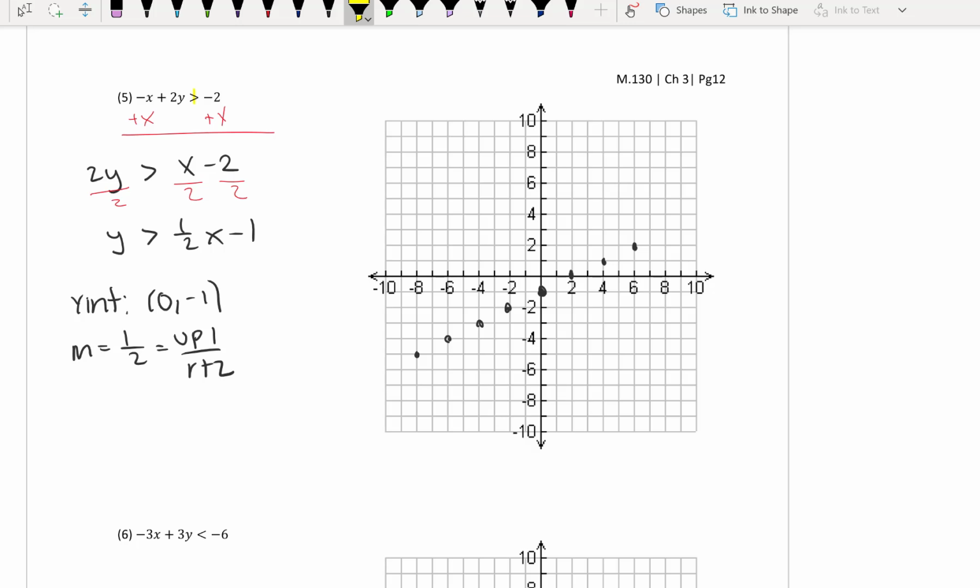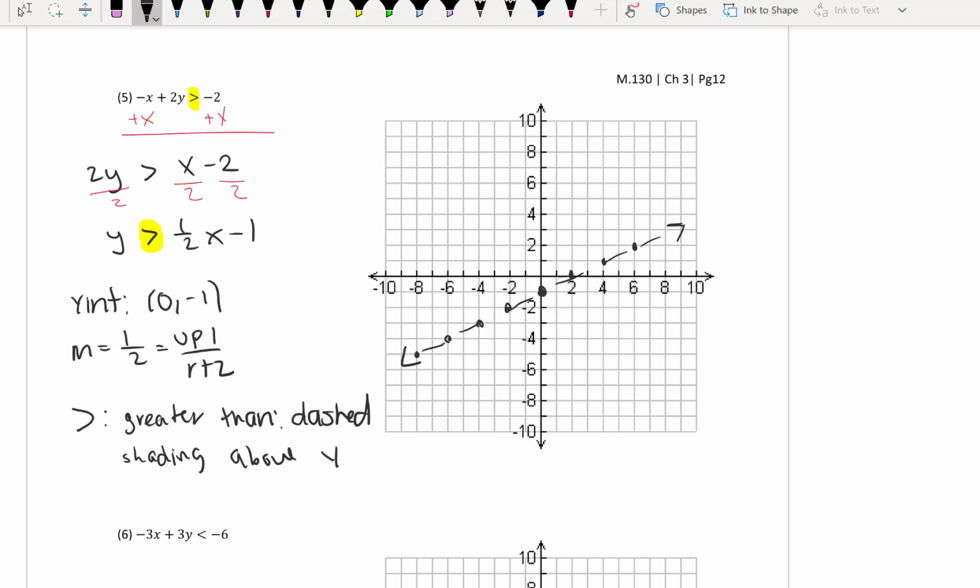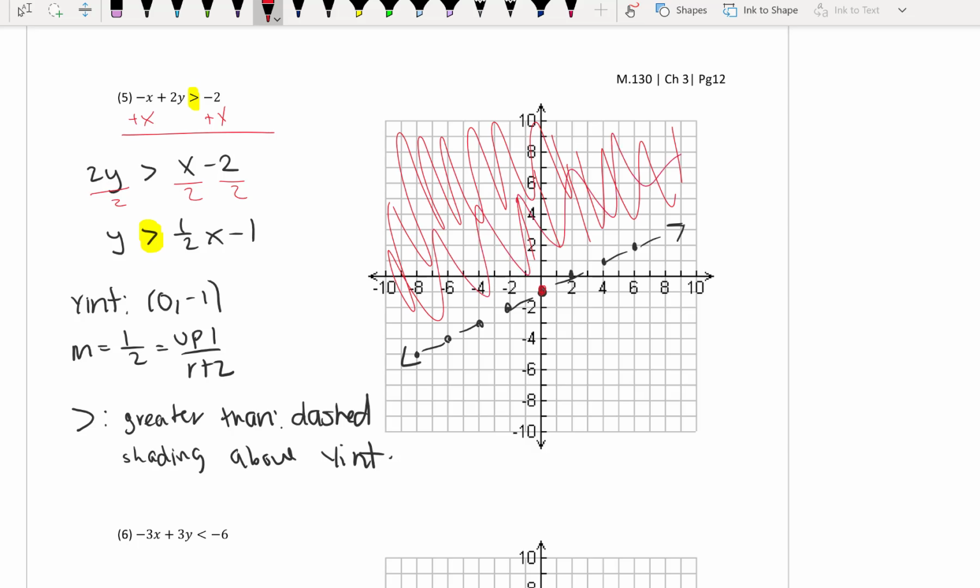And looking at my inequality, this is greater than. And since there's no line underneath it, then I know it's going to be dashed. And here I'm going to be shading above the y-intercept. So this is my y-intercept, then above is over here. And that's me shading.